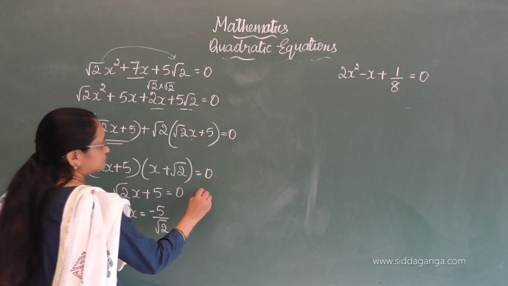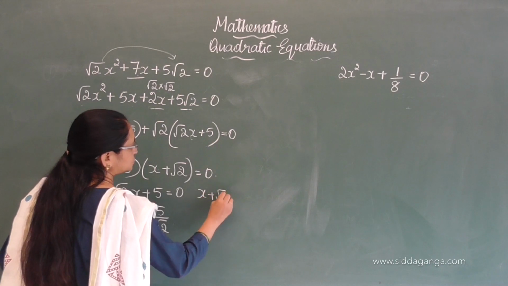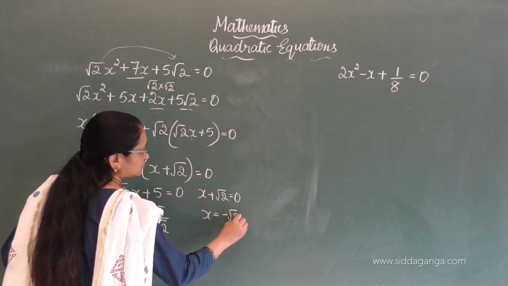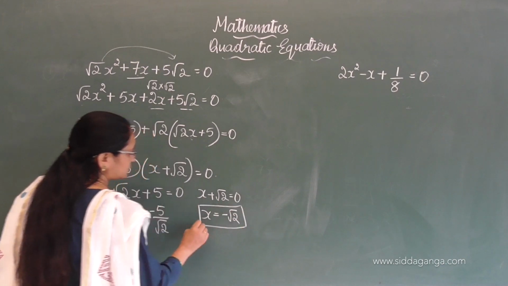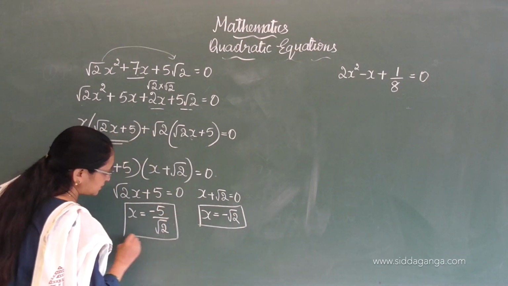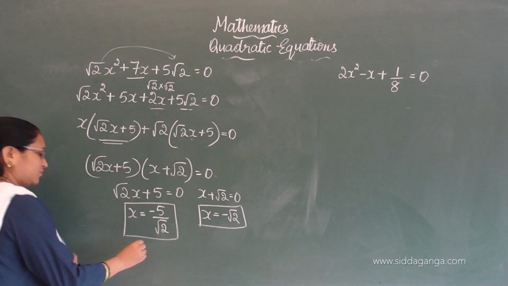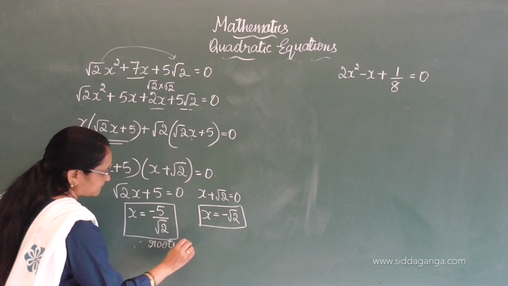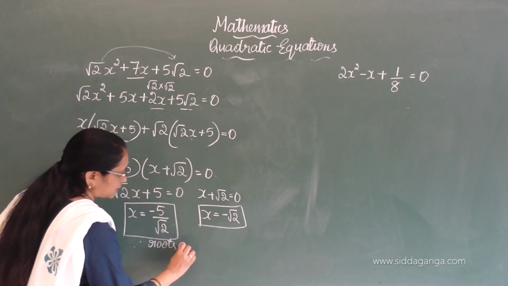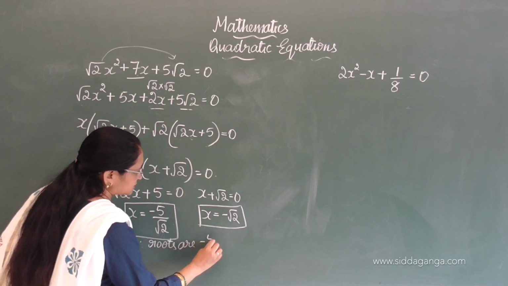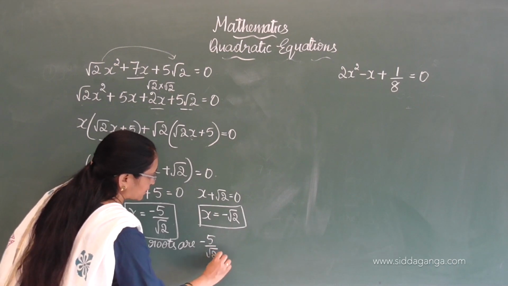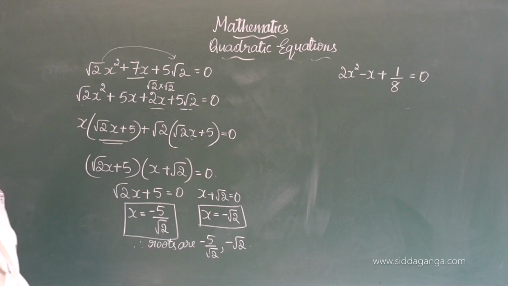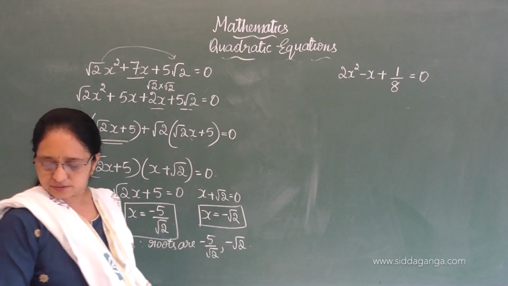And here x plus root 2 is equal to 0, x is equal to minus root 2. So, these are the roots. Therefore, roots are minus 5 by root 2 and minus root 2.